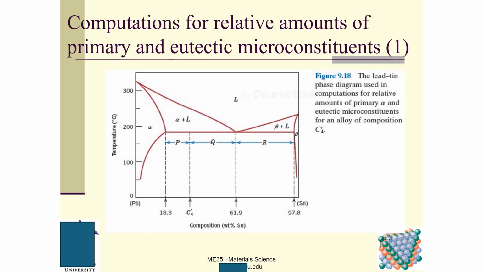Here's alpha, here's beta, here's L, alpha plus L, beta plus L, and this area is alpha plus beta. Questions so far? The abscissa is the composition of tin, and the ordinate is the temperature.